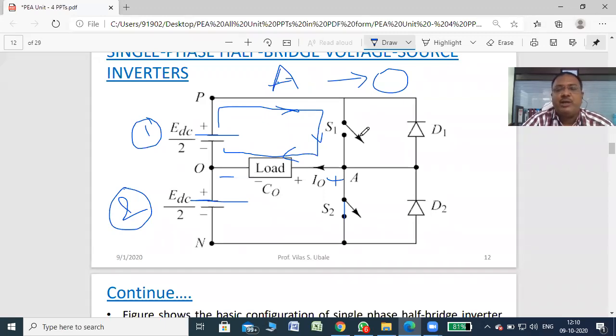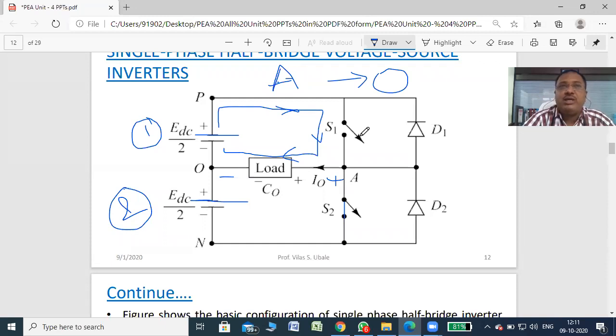For a BJT or MOSFET, just remove the gate bias and your device turns off automatically. That's why BJTs and MOSFETs are not latching devices. If S1 is a BJT, simply remove the base current and your BJT turns off. If you are using a MOSFET, simply remove the gate voltage and your MOSFET turns off, right?